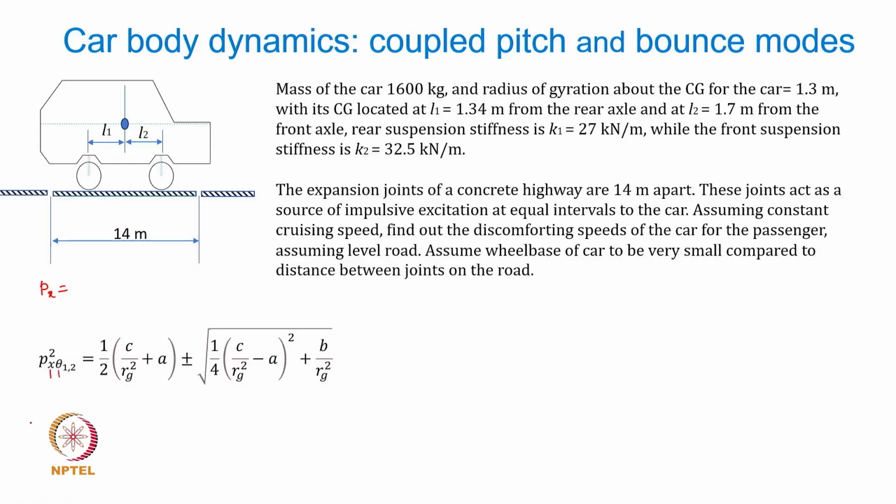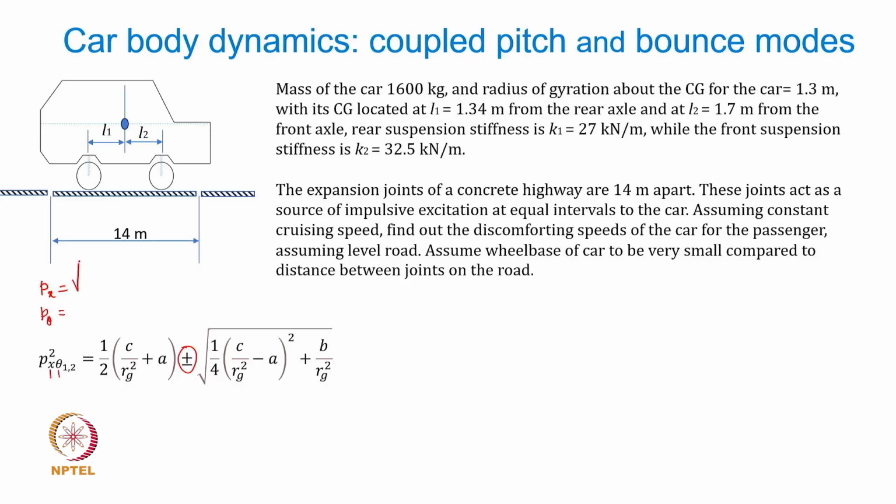So px theta 1 square and px theta 2 square, depending upon whether you choose a negative or a positive sign here, you will get the two natural frequencies. Plus, if you want to know the natural frequency if the system has a pure pitch mode or a pure bounce mode, what is the way to find this out?